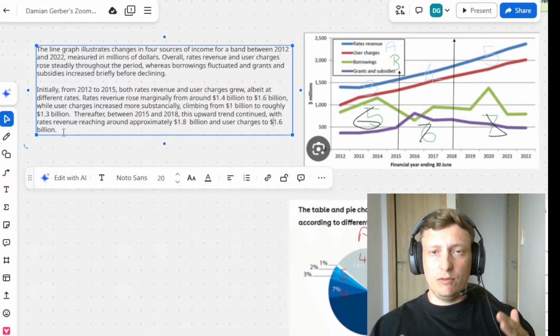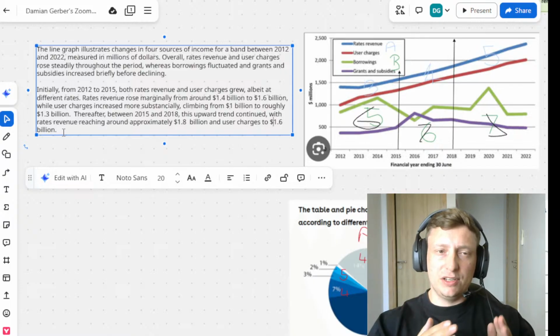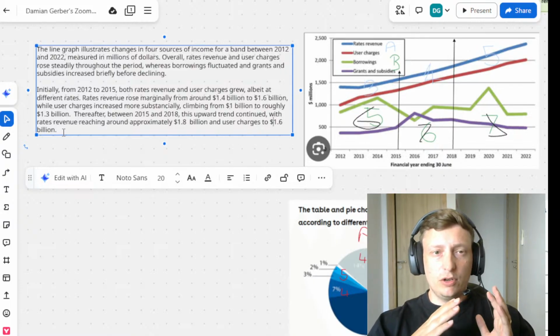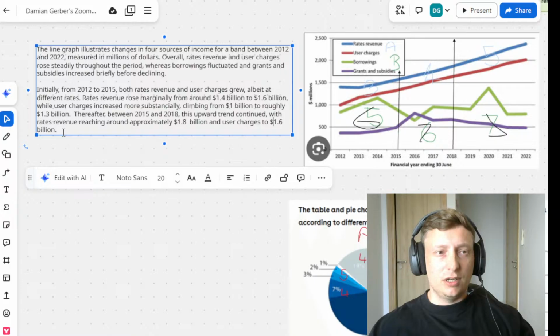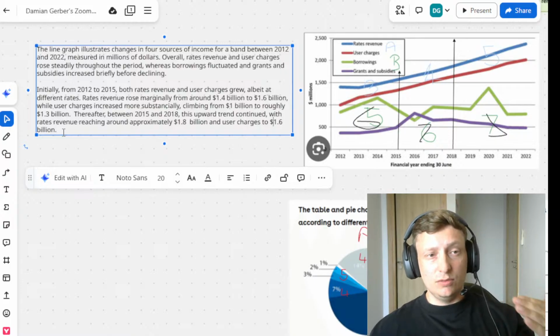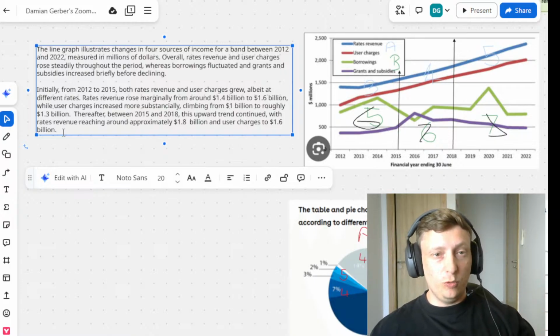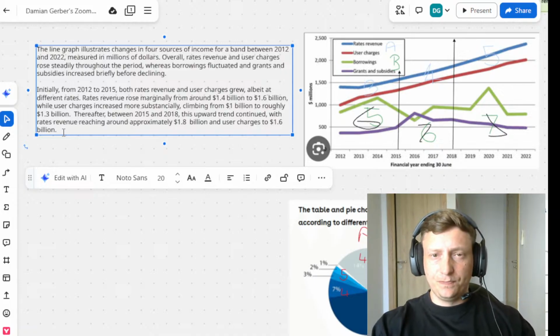So you want to use a reliable system that's going to enable you to plan as quickly as possible so you can focus on the quality of your writing. So it's the easiest way to achieve what you want, where you can focus on your quality. Okay, so point 4 done.